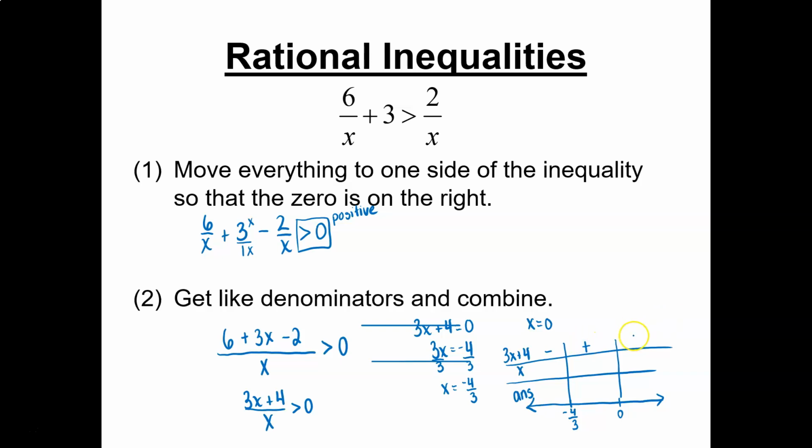And then anything bigger than that is also going to be positive. Whenever we have just x, if we plug in negative, we get negatives. If we plug in positive, we get a positive. So we'll set up that chart there, and then if we have an even number of negatives, we'll get a positive for our answer. If we have an odd number, we'll get a negative. So we'll end up with positive, negative, positive.